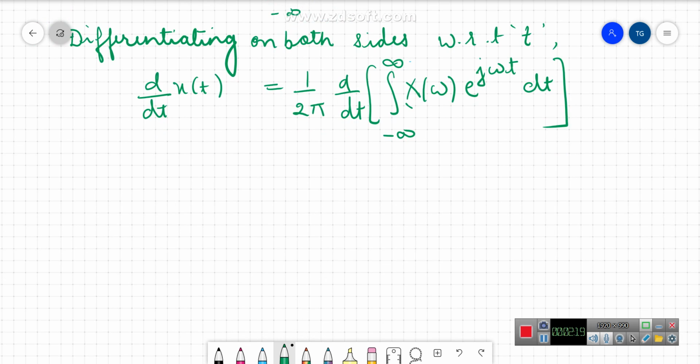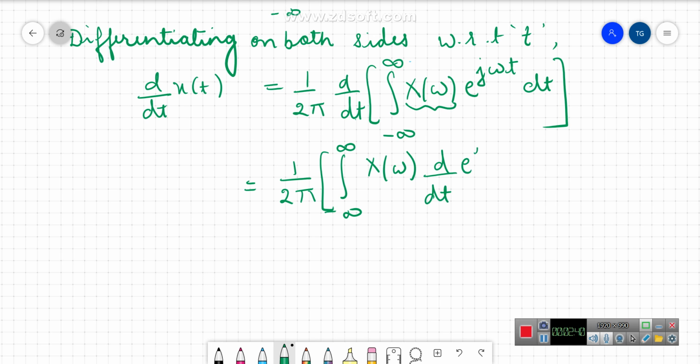Now we know that this is completely a frequency dependent function, so we can bring this d by dt inside. So 1 by 2 pi, integral from minus infinity to infinity of X of omega, d by dt of e to the power j omega t, and this will be d omega.